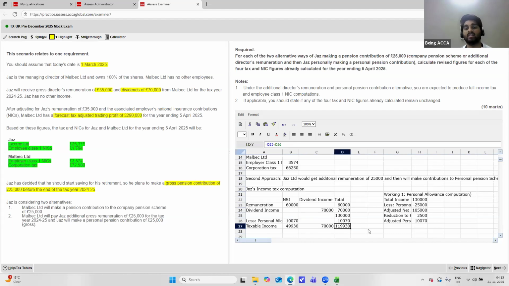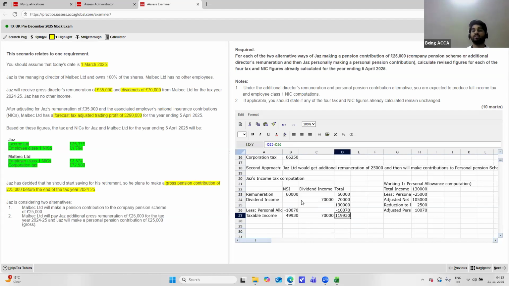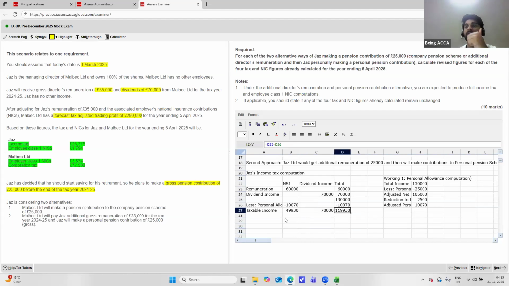Your total income comes up to a total of 119,930. But now what do we have to consider? Because of the pension contribution of 25,000, what will happen? Your bands will increase.